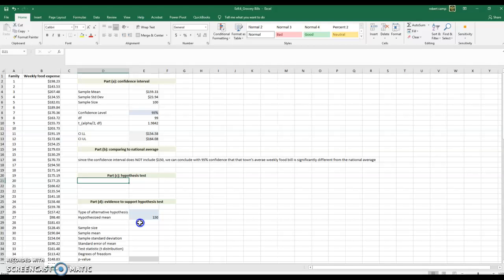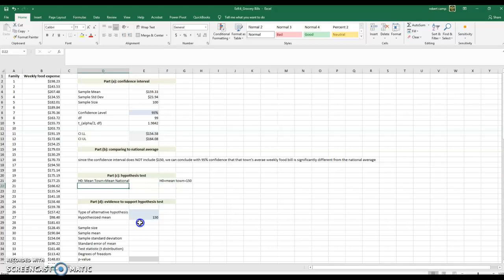So our null hypothesis, H0, is that the mean of the town is equal to the mean of the national. So our null hypothesis is that the mean town is equal to $150, because that is the national average.